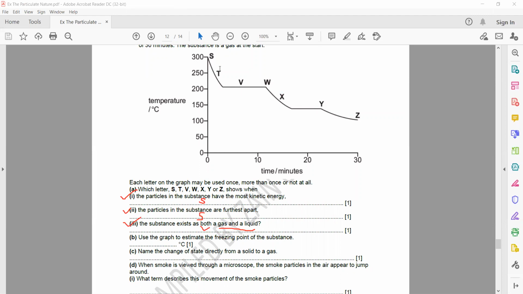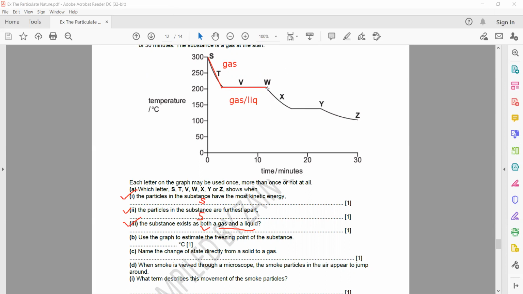What you have in the beginning, in this region, is a gas. When the temperature is constant, it means a gas is turning into liquid. So which two states will you have here? You will have gas as well as liquid.